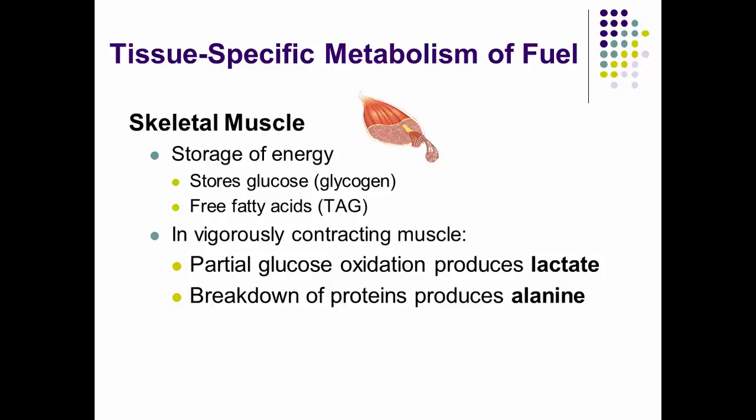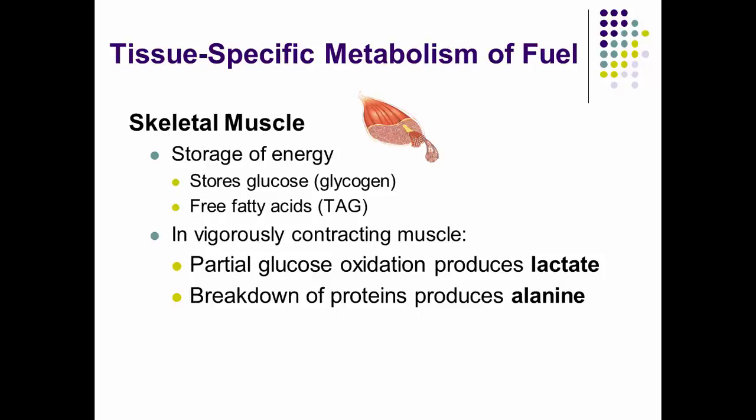And in terms of stored energy, what type of stored energy can muscle make or store? Glycogen, right? Glycogen is one of the important stored energies in the muscle, and also fatty acids as triglyceride.